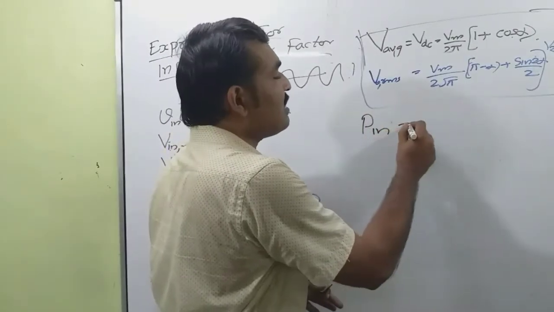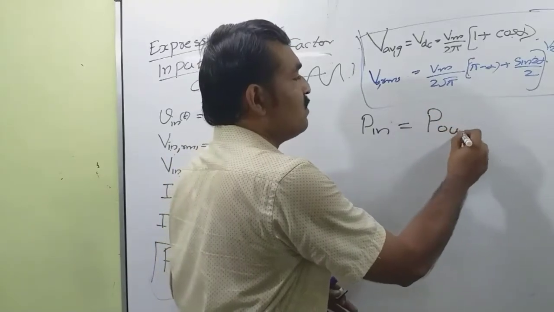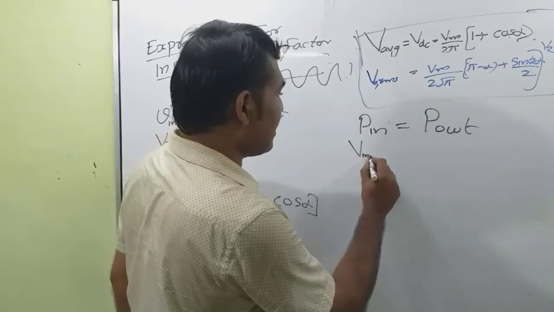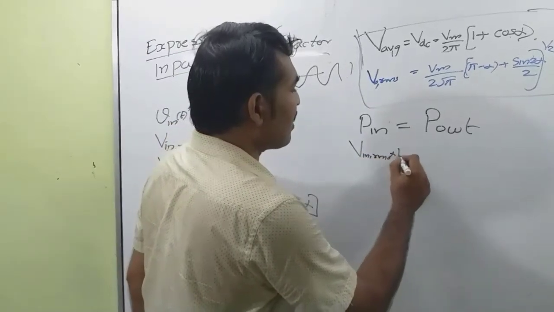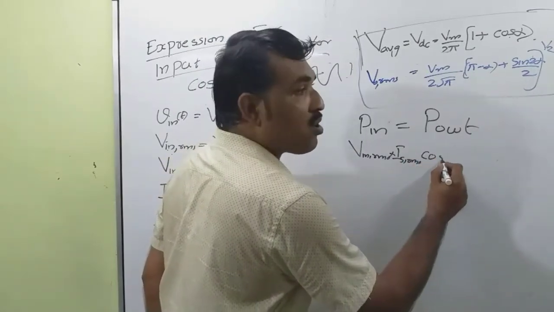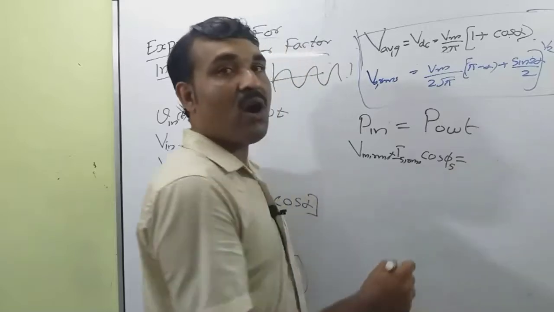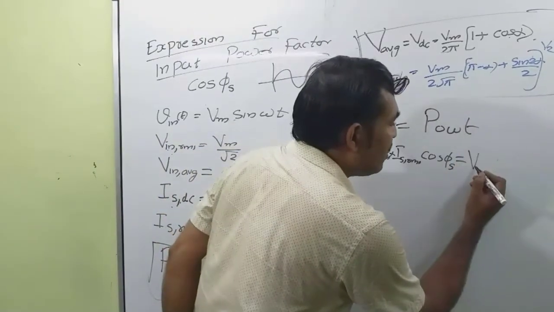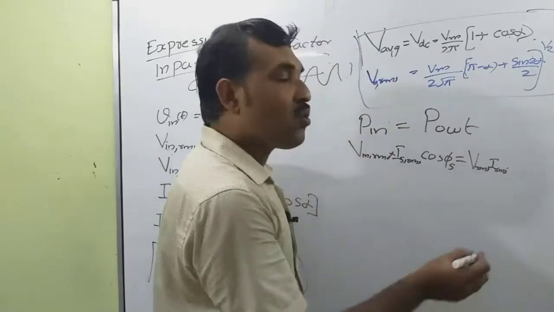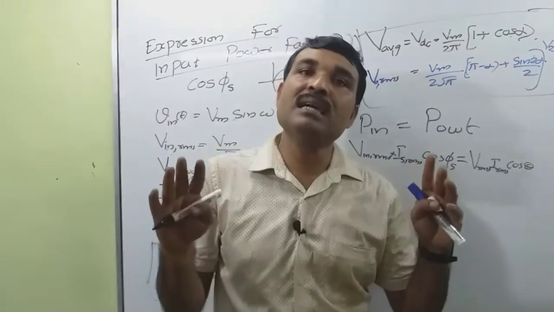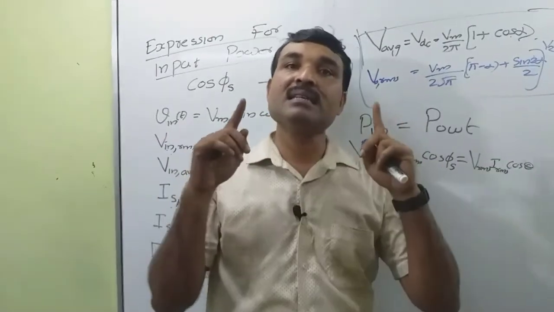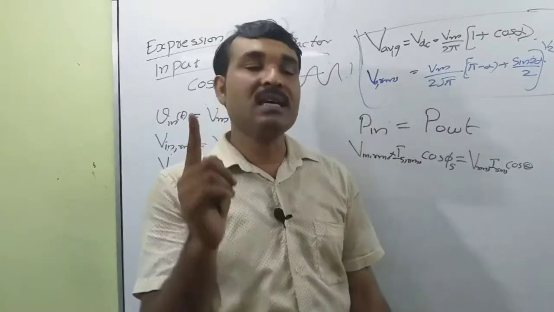P input is equal to P output. P input is the RMS value of the input side voltage into the RMS source current into cos phi S, and that is equal to the output power, that is the output RMS voltage into IRMS into cos theta. Since the output side is a resistive load, voltage and current are in phase, so the power factor is 1, that is cos theta is equal to 1.